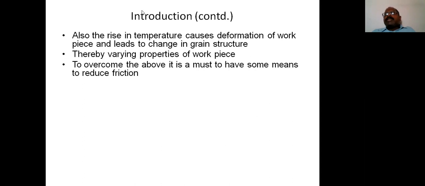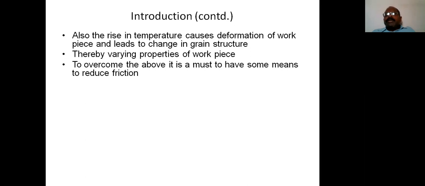To overcome or eliminate all these drawbacks or disadvantages, the only thing is to reduce the friction between the two components. What are the two components? One is the job, the second is the cutting tool.